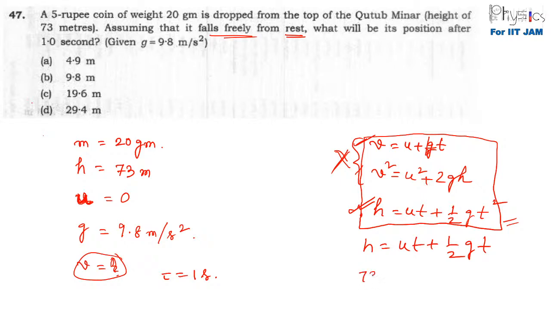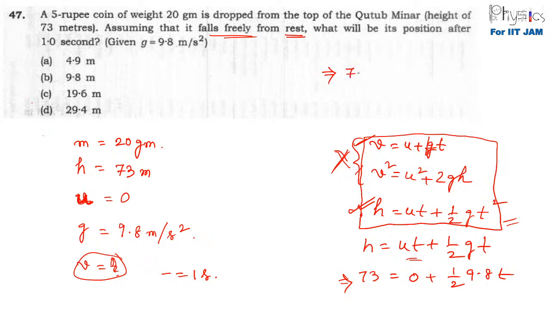H is 73, u is 0, that means this term gets 0, plus half g, that means 9.8 times t, right? Now I'm continuing it here.